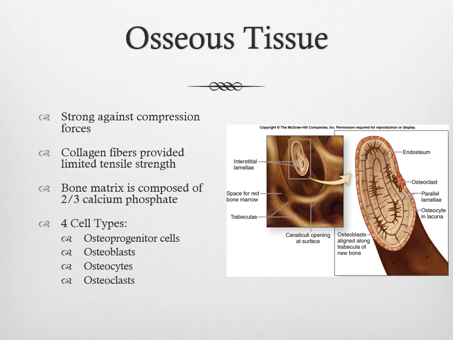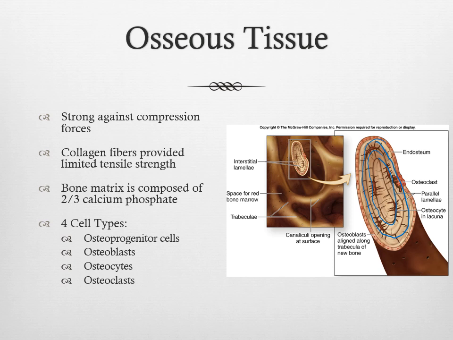When we look at this example of lamellar bone, it is found in concentric circles, kind of like a tree trunk, and that provides a lot of the strength of the bone.